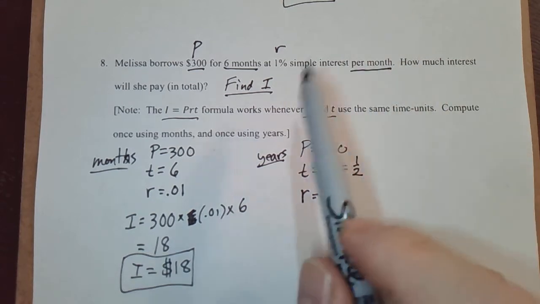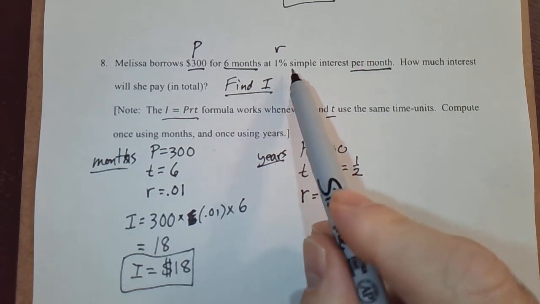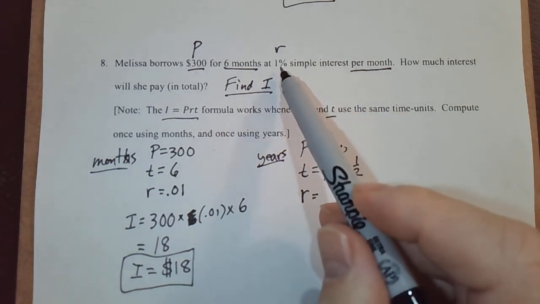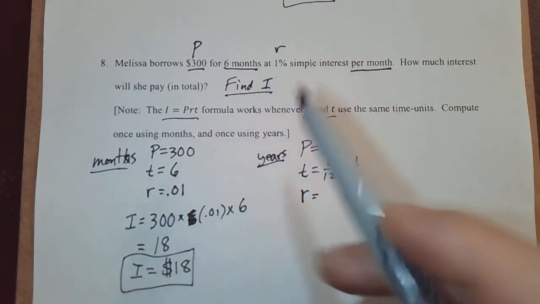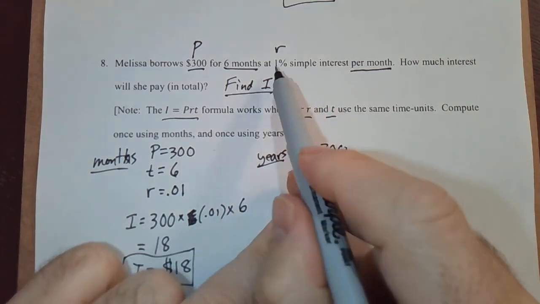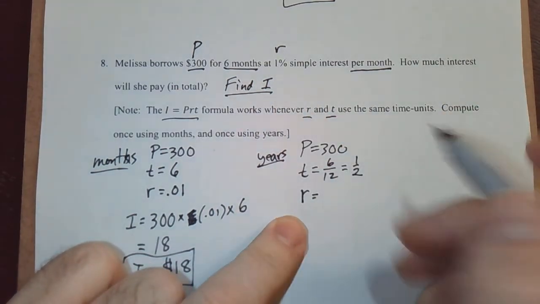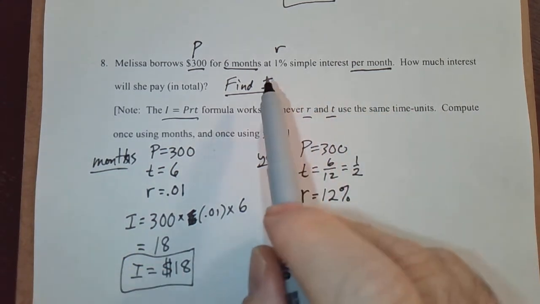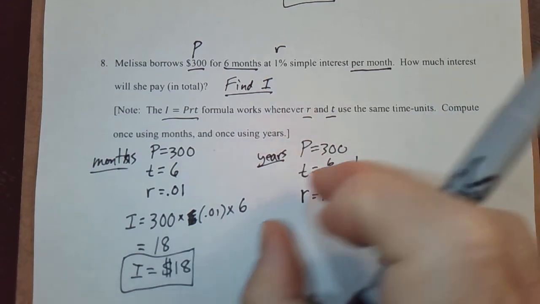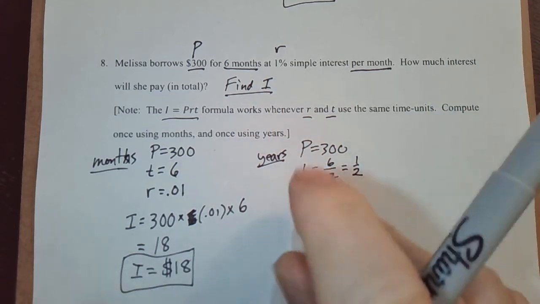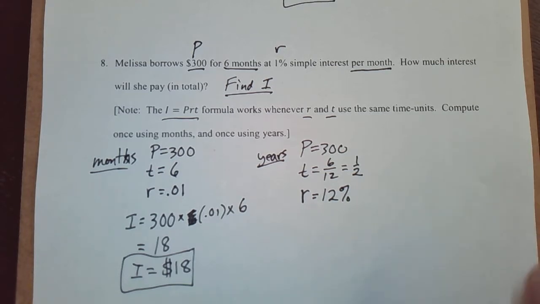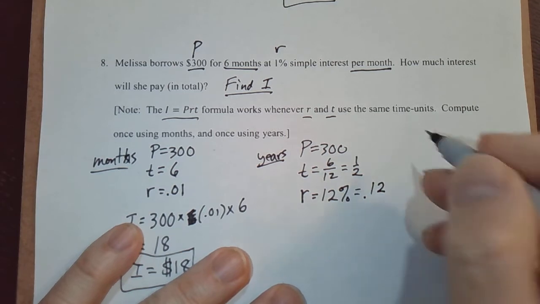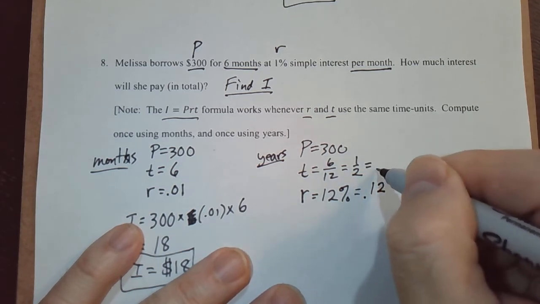Now we have to figure out if the interest rate is 1% for every month, how much would the interest rate be for 12 months? Well, it would be 12 of these, 12 times 1% or 12%. Doesn't that make sense? If you're paying 1% interest every single month for 12 months, you're going to end up paying 12% overall. And I like to write this as a decimal, so it's going to be 0.12, and T is going to be 0.5.